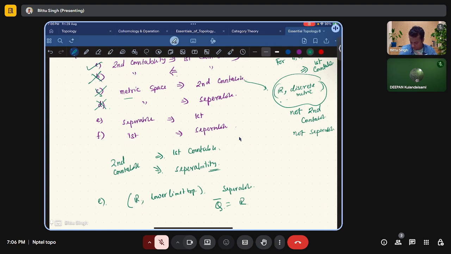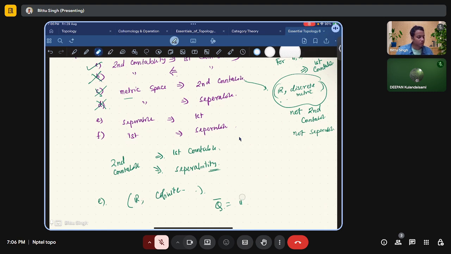Sorry, that is not the example which was considered. R with lower limit topology is actually first countable. The example is R with cofinite topology. This is actually separable.